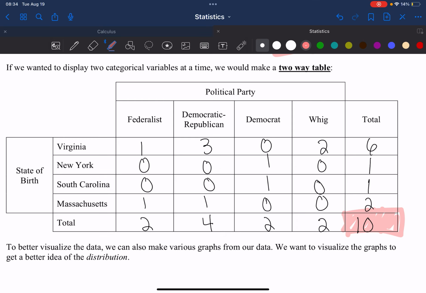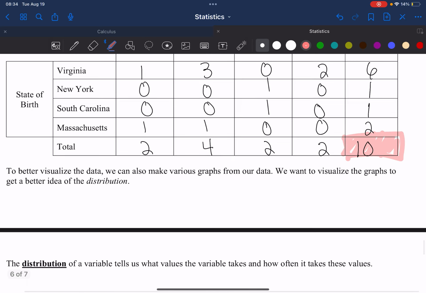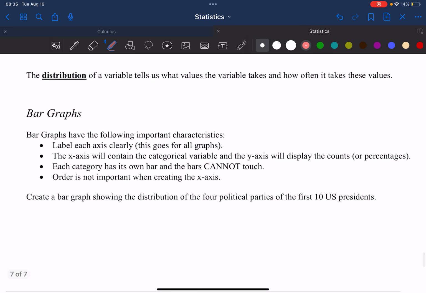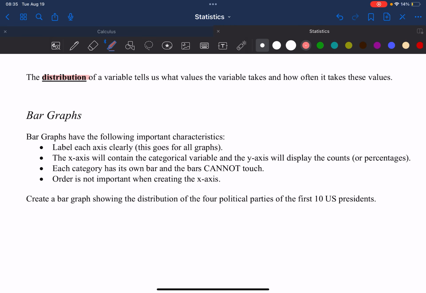Now let's look at graphs. The reason why we represent data in graphs over tables is it helps us better visualize a distribution. And a distribution of a variable tells us the values the variable takes and how often.